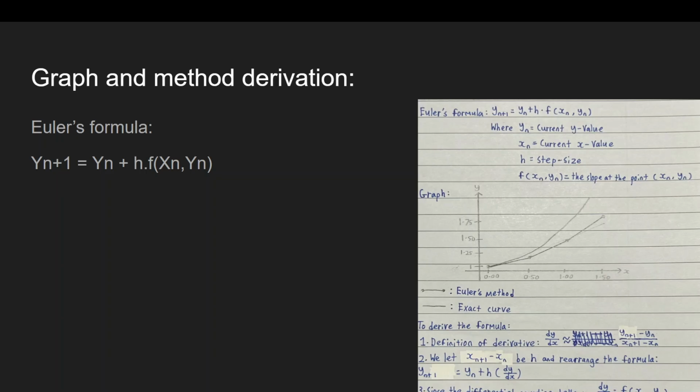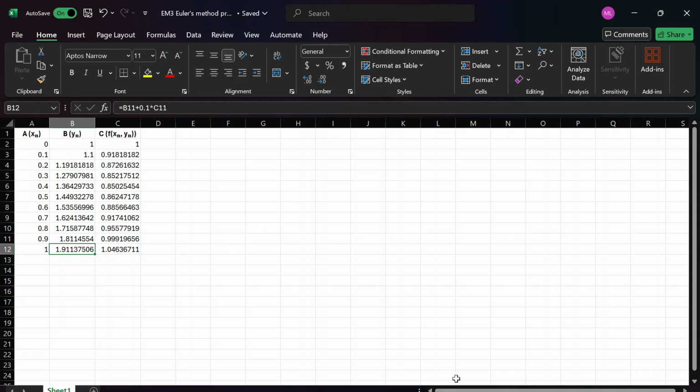Since the differential equation tells us dy/dx equals f(x_n, y_n), we can then sub this into the equation and get y_{n+1} equals y_n plus h times f(x_n, y_n), thus getting Euler's formula.